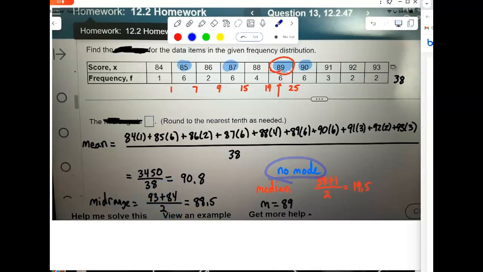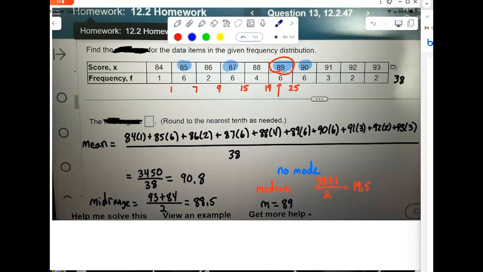In this case, since you have more than 2 most frequent values, there is no mode. And finally, for our median, we take our number of values, add 1 to it, divide by 2, and that gives us our position. Then with the frequency distribution, we're just counting up through our values until we find which one position 19.5 falls in.